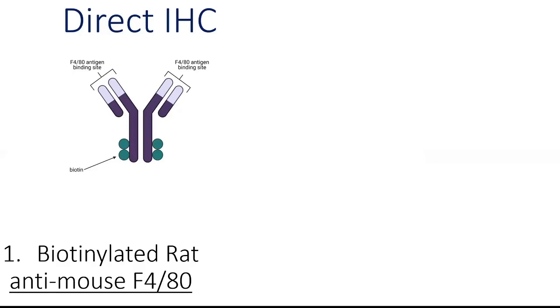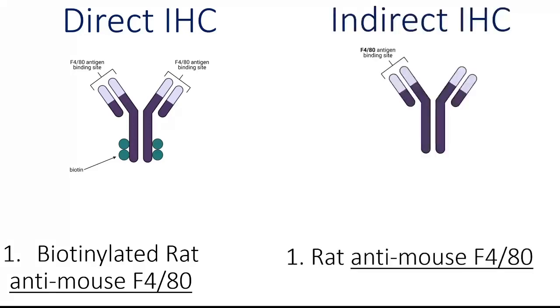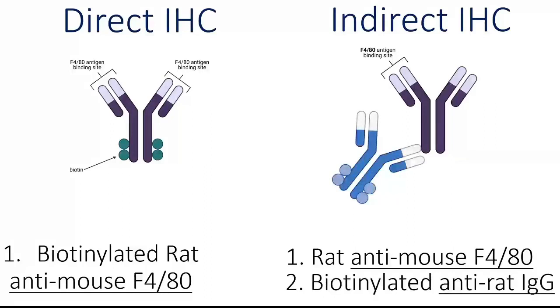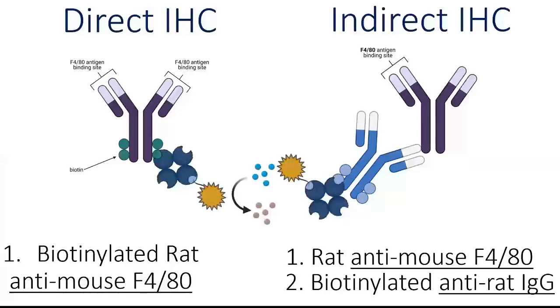But in indirect IHC, we need to use a primary antibody such as rat anti-mouse F480, and then we need our secondary antibody such as a goat anti-rat IgG conjugated to biotin, and this will let us see where the primary bound within the tissue. Hopefully you realize that because both the antibodies have biotin, we still do the streptavidin and horseradish peroxidase and DAB step for both of these.